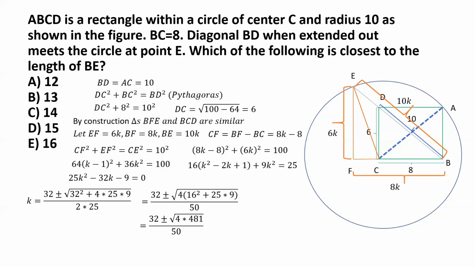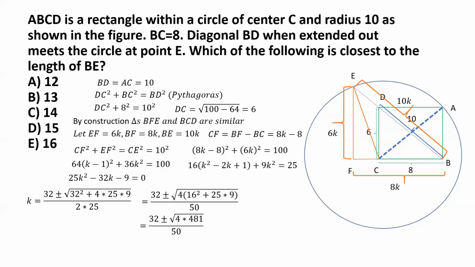Now this is still a messy square root, and in order to avoid calculation of this square root, I do an approximation here. I think about what's a perfect square around 481. We know that 4 is already a perfect square, but if I can find the closest perfect square to 481, that would basically help me arrive at an approximation. We know that 20 square is 400, right?